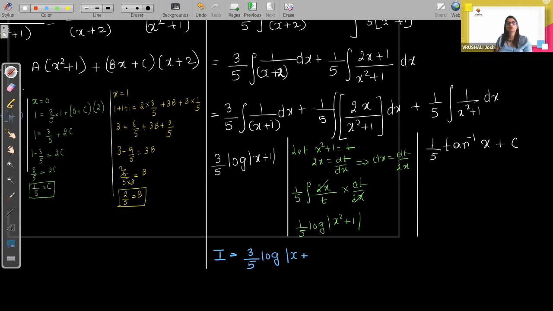Okay, modulus x plus 2 plus 1 by 5 log of modulus x square plus 1 modulus plus 1 by 5 tan inverse x plus c. This is your final answer, correct?